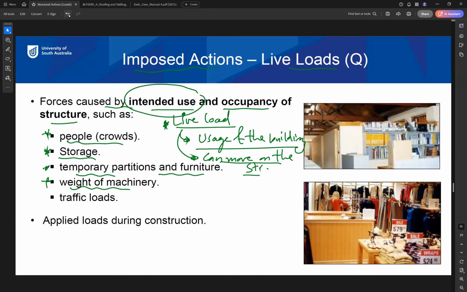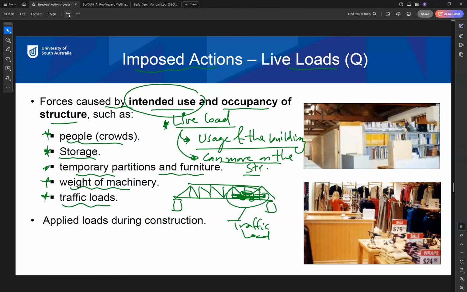Traffic loads, for example, if you have a bridge: traffic loads means any cars, for example, passing through this bridge. So the traffic load is also a type of live load.